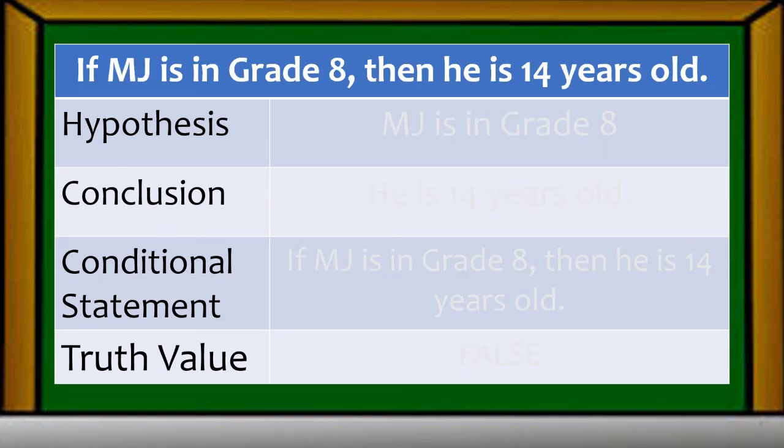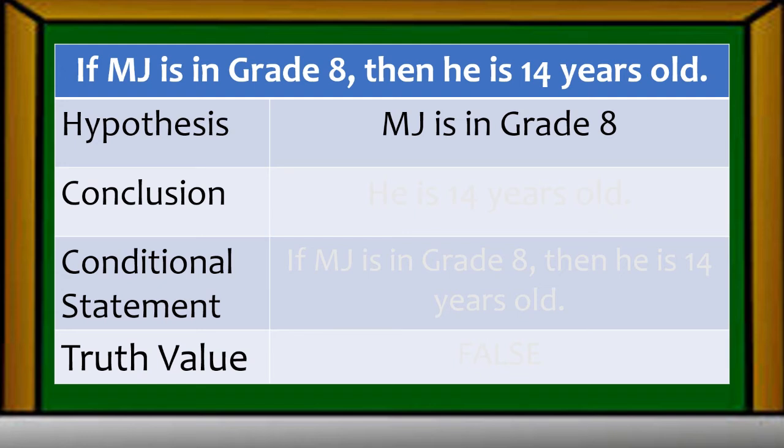Our next if-then statement or conditional statement says, if MJ is in grade 8, then he is 14 years old. Let us now identify its hypothesis, conclusion, conditional statement, and truth value. Our hypothesis is MJ is in grade 8.